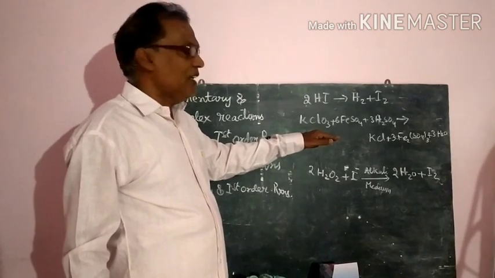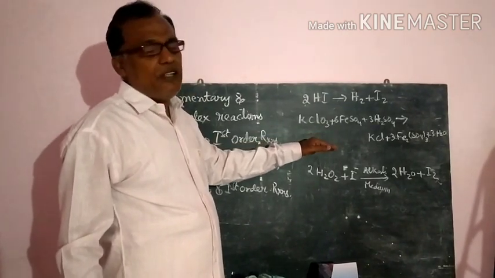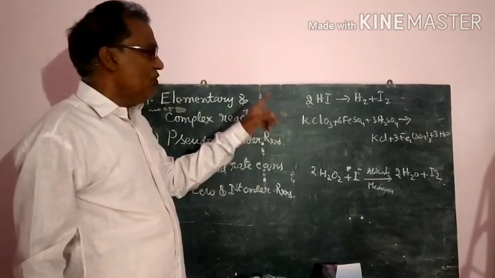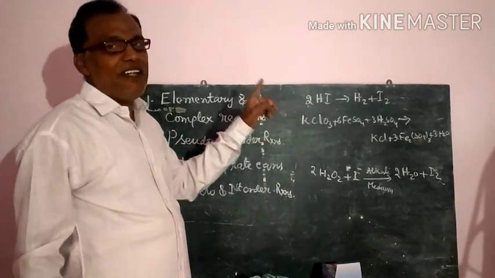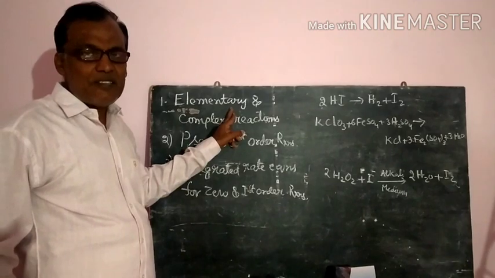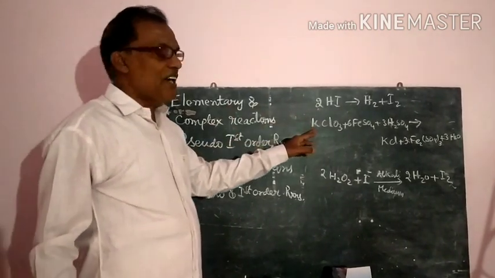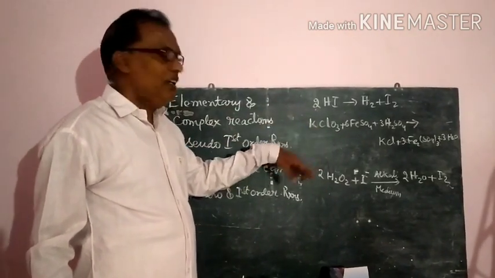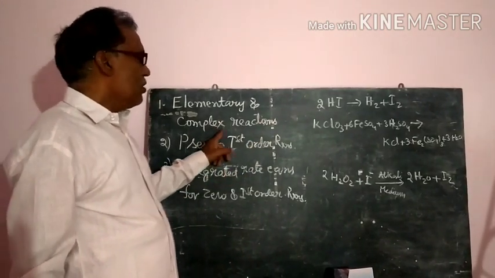It may take 2 or more than 2 steps. Any reaction which takes place in only a single step, we call an elementary reaction. Otherwise, if the reaction takes place in 2 or 3 steps, that is called a complex reaction.